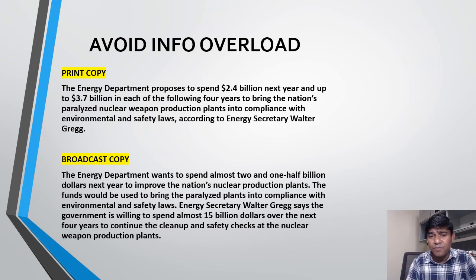The energy department proposes to spend $2.4 billion next year and up to $3.7 billion in each of the following 4 years to bring the nation's paralyzed nuclear weapon production plants into compliance with environmental and safety laws, according to Energy Secretary Walter Gregg.